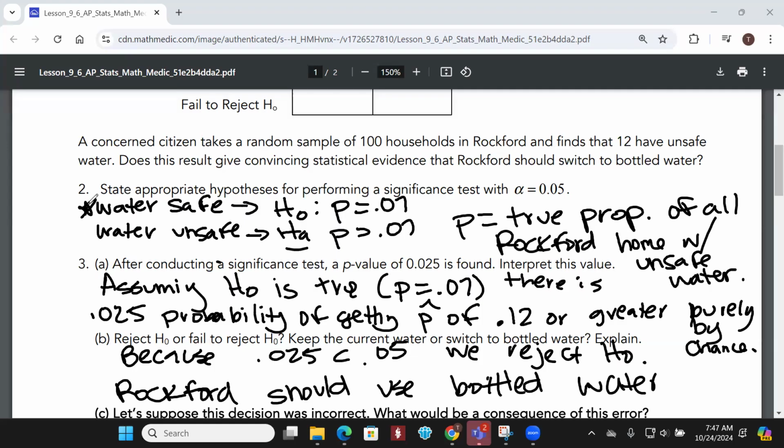Then again, if we have 100 households, that's a sample, and the true population is greater than 100. How do we know if the true population, what if they were just in an area with more unsafe water than the rest of the town? Then it's safer to say everybody switch to bottled water.